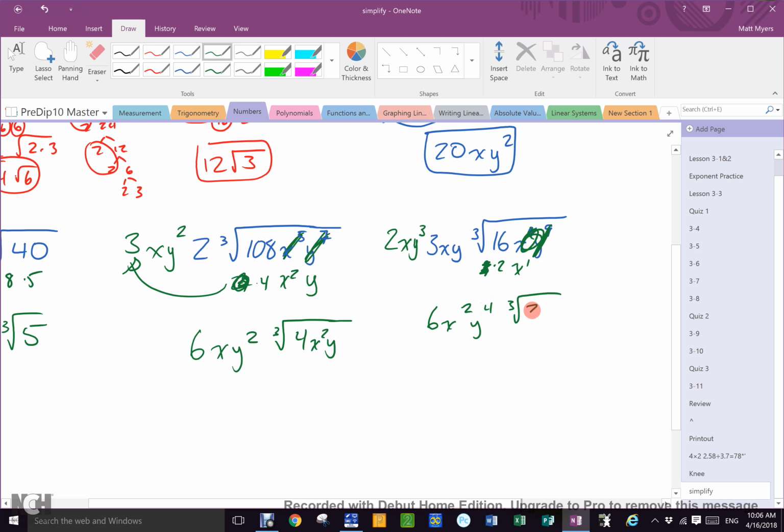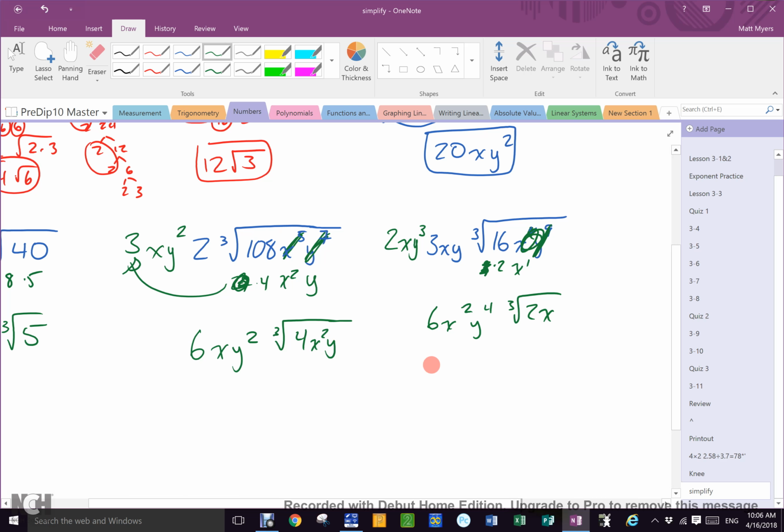Cube root 2x. Can everybody simplify a radical? Yes. Can everybody simplify a radical with variables? Yes. Can everybody simplify a radical with a coefficient?